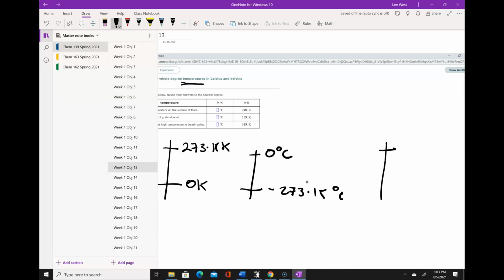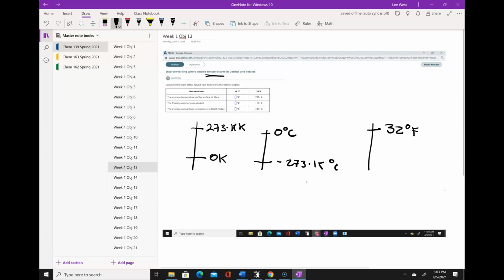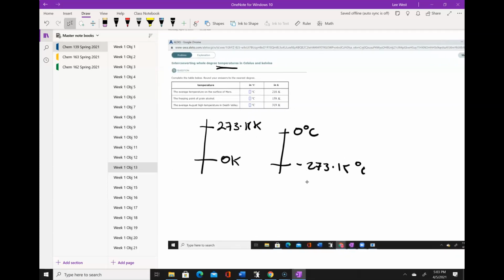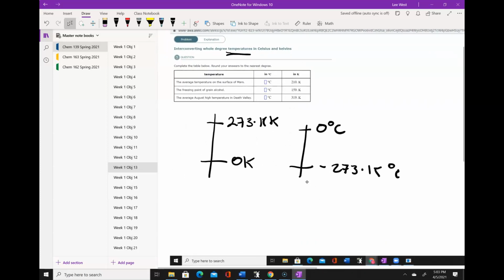Now it gets even more complicated because 0 degrees Celsius is the same as 32 degrees Fahrenheit. So you can see all three of the common temperature scales that we're going to be using have different 0 points. So what that means is when we're converting between different temperature units, we need to use formulas that take into account the difference in the 0 point.